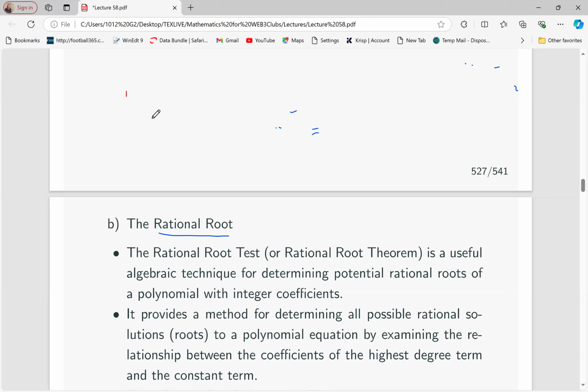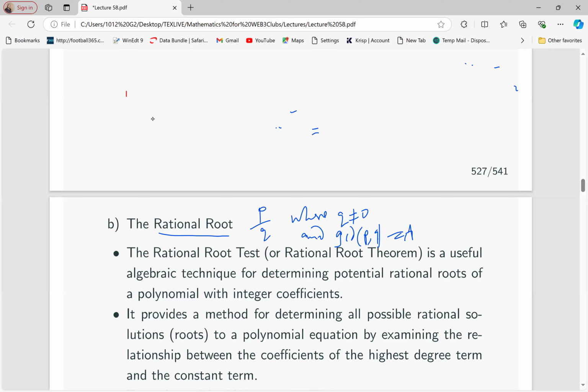And at this point, as I did last time, I want to define what a rational number is. A rational number is one which can be written in the form p out of q, where q is not equal to 0, and the GCD of these two numbers is 1.